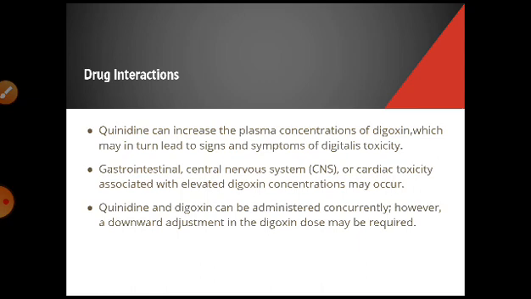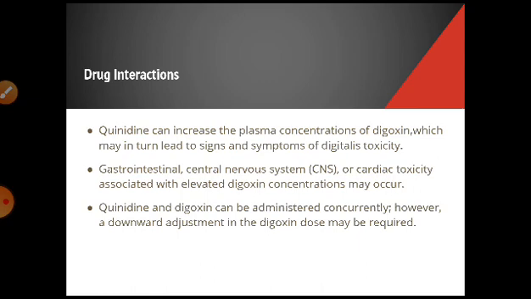Drug interaction: quinidine can increase the plasma concentrations of digoxin, which may in turn lead to signs and symptoms of digitalis toxicity. GI effects, central nervous system or cardiac toxicity associated with elevated digoxin concentration may occur.